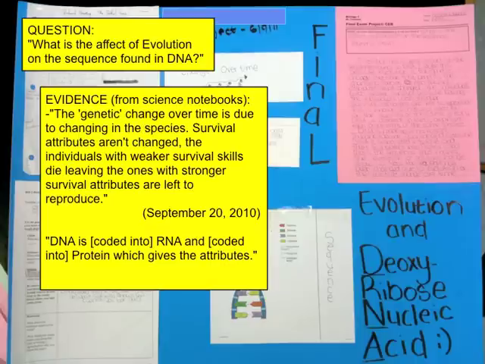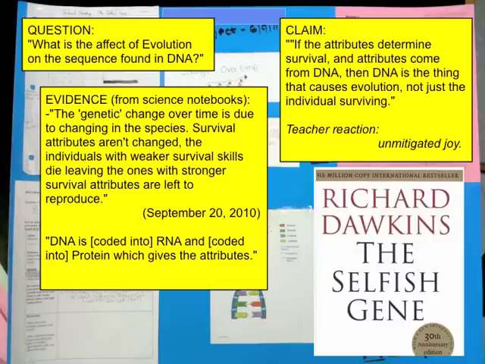And then from his May notebook, he found DNA, which is coded into RNA and coded into protein, which gives these attributes. He took these and together made a claim: if the attributes determine survival and attributes come from DNA, then DNA is the thing that causes evolution, not just the individual surviving.